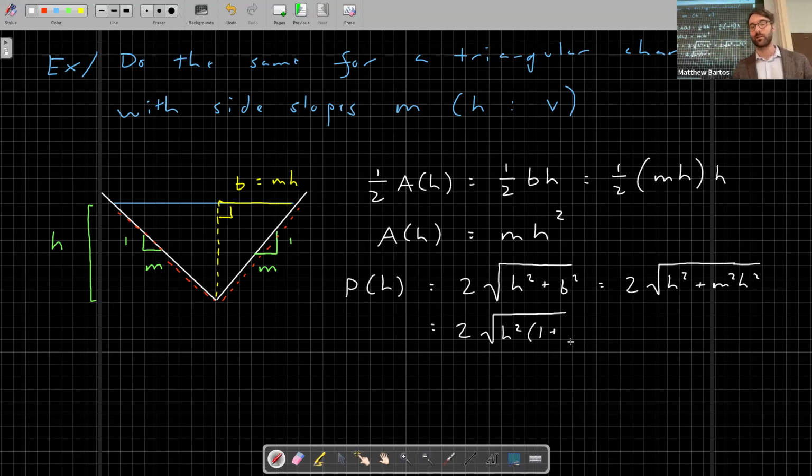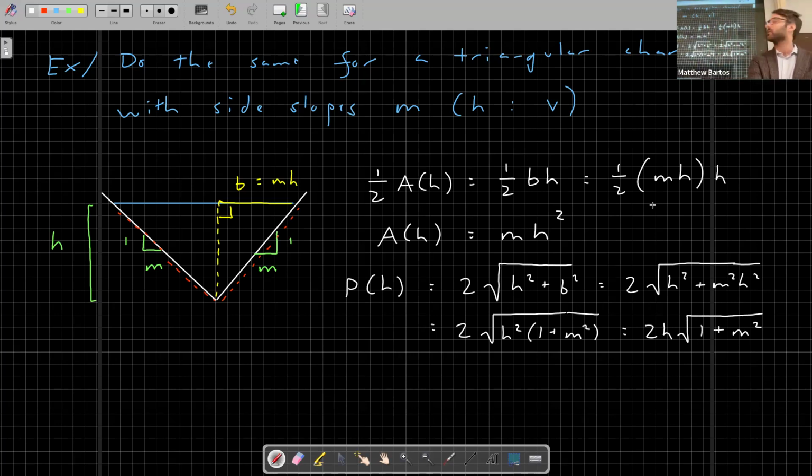So this would be 2 times the square root of h squared times quantity 1 plus m squared. And we can factor that h squared out of the square root. So we end up with 2 times h times the square root of 1 plus m squared. Okay, so this is just from the Pythagorean theorem.